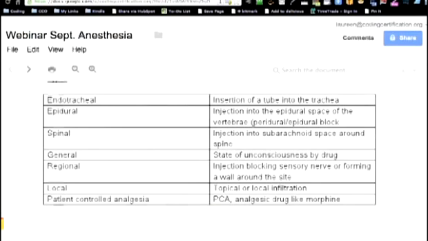Now, regional blocks. This is where you've got a laceration, say, on your hand, and they just give you like 5 injections of the xylocaine, and they stitch you up. That's a circle or a wall of anesthetic that numbs that area. But they can also do a block that way.